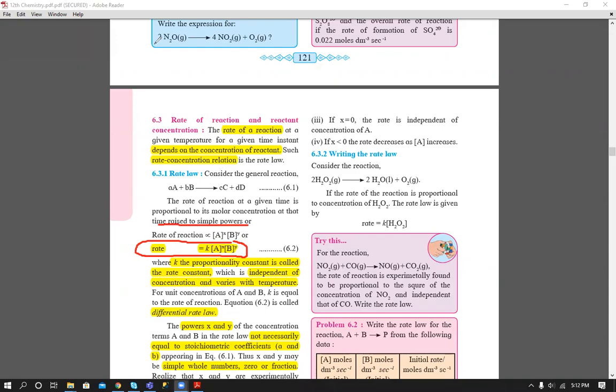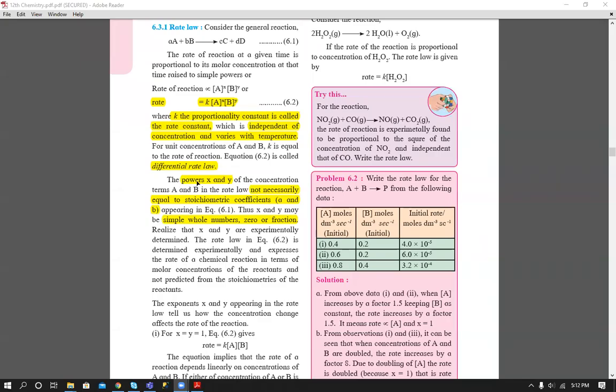And then we have seen the definition of rate constant. The definition of rate constant is the rate of reaction when the concentration of A or B, the reactants, are taken as unity. So remember the definition for rate constant also.